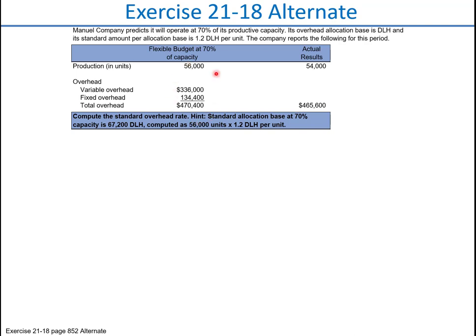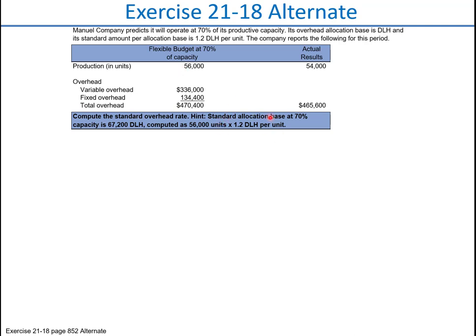This is our budget amount. Variable cost should have been 336. Fixed overhead should be 134.4. So the total overhead at 70% capacity, in other words, making 56,000 units, should be 470,400.